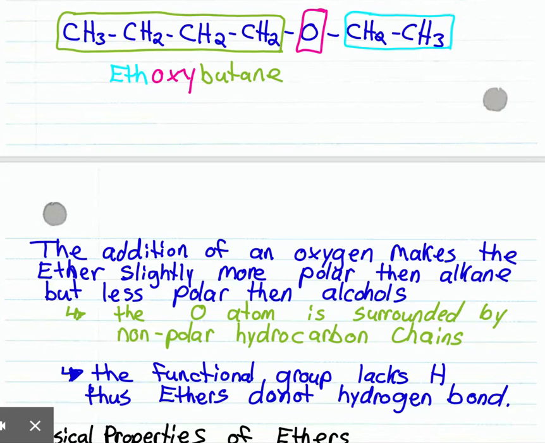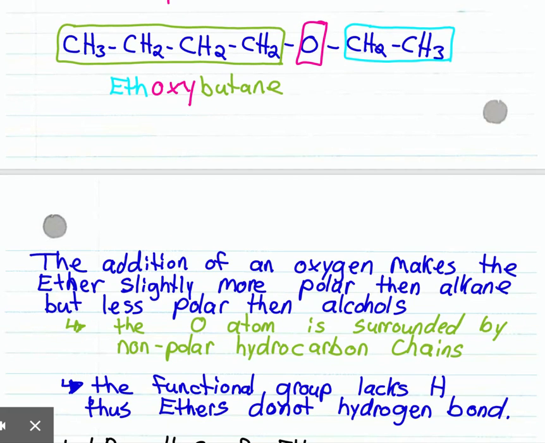Adding our oxygen is going to make the ether slightly more polar than an alkane, because now you're going to have a little bit of some polar bonds here and some polar bonds here. But it's significantly less polar than an alcohol. And that's because the oxygen is surrounded by nonpolar hydrocarbon chains.